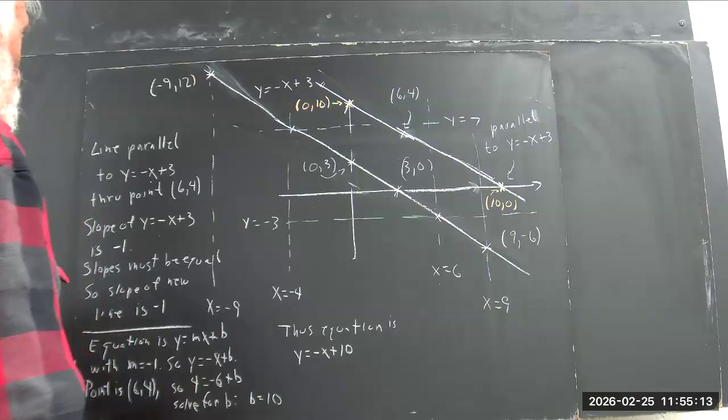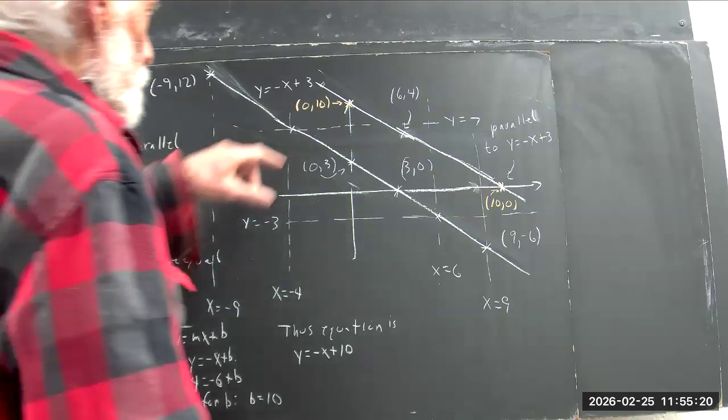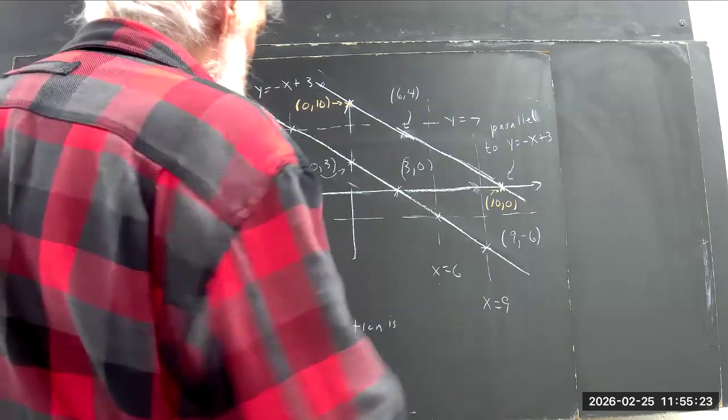Now let's say that we want a line perpendicular to the two lines.